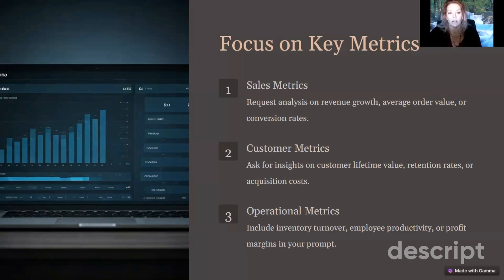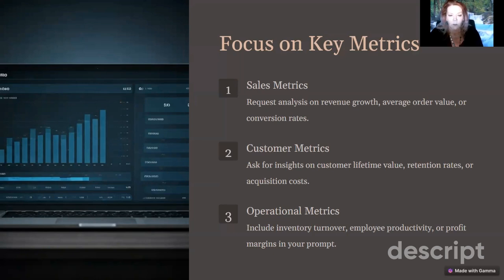If you're looking at customer metrics, maybe you want to ask for lifetime customer value, the product spread, whatever that may be. For operational metrics, you want to include inventory turnover. You want to analyze profit margins.